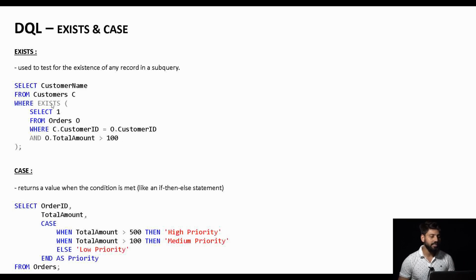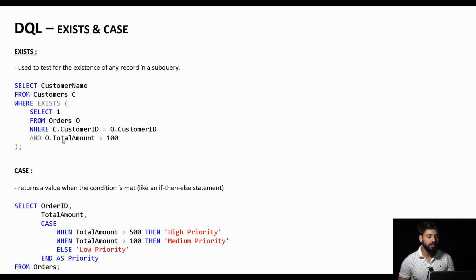The condition is where exists select 1 from orders O. We have the alias O for the orders table, where c.customer_id equals o.customer_id. That means whatever customer id is in the customer table and in the order table, it should be equal.